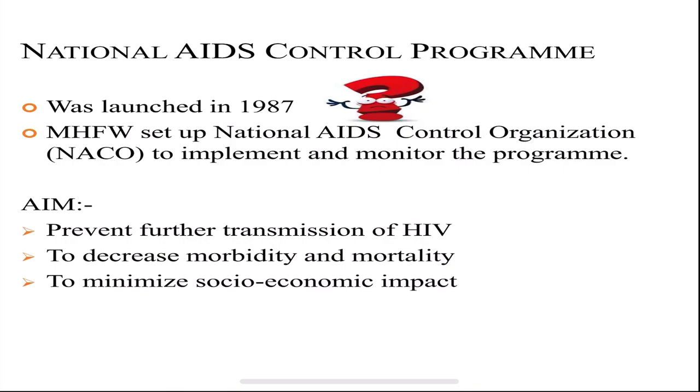The National AIDS Control Program was launched in the year 1987 in India. The Ministry of Health and Family Welfare has set up the National AIDS Control Organization, NACO, as a separate wing to implement and monitor the program.